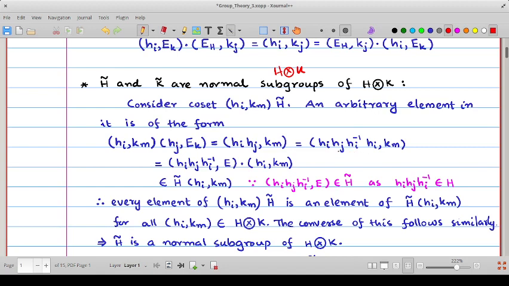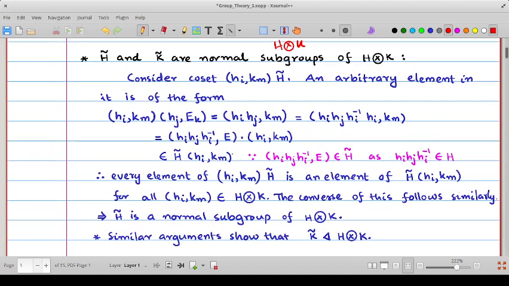But then we can write this as Hi Hj Hi inverse comma E dot Hi comma Km, where this E over here is Ek.